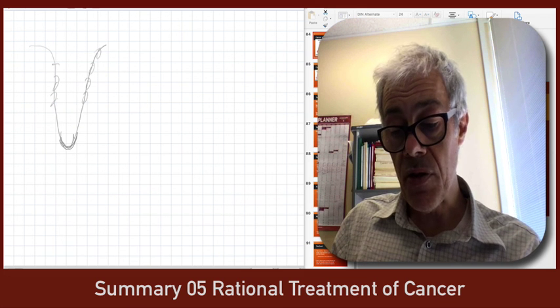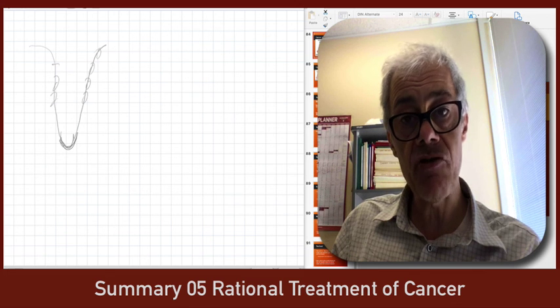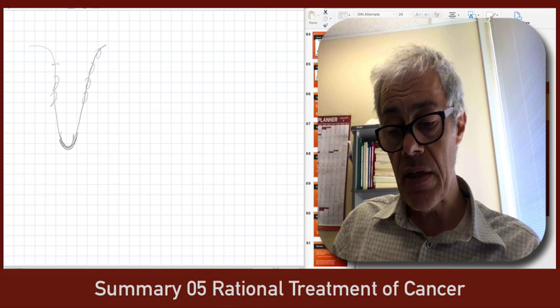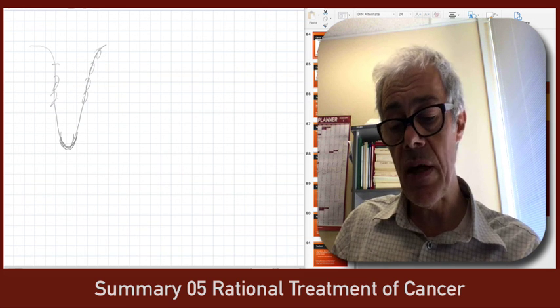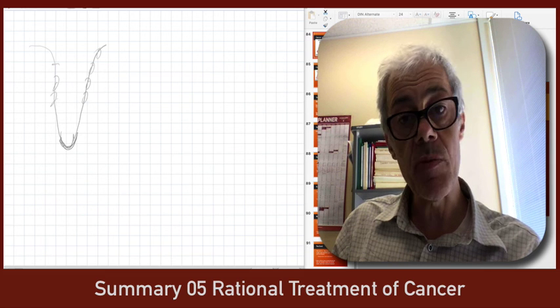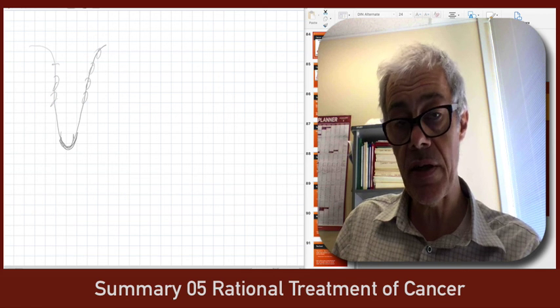So whilst you initially have a good response rate in killing off these transient amplified cells, after a period of months, these stem cells can be reactivated to then produce more of the cells that contain the mutation, because the mutation is present in the cancer stem cells. Okay, and it's just copied into the transient amplified cells.